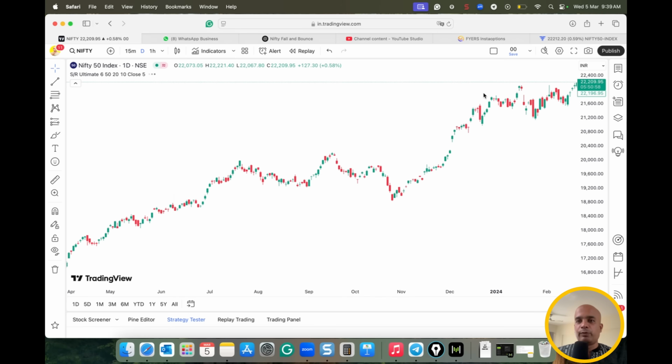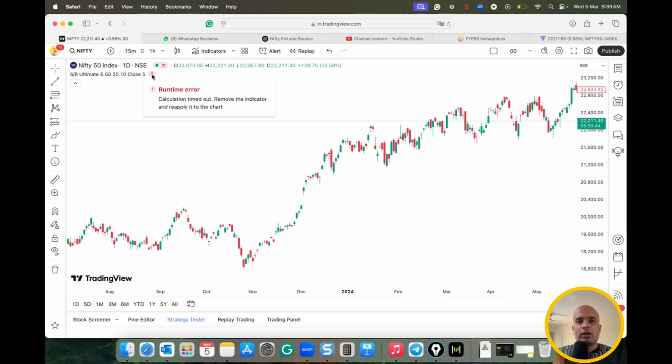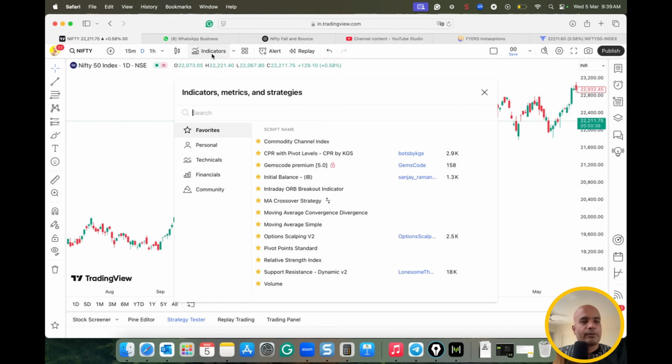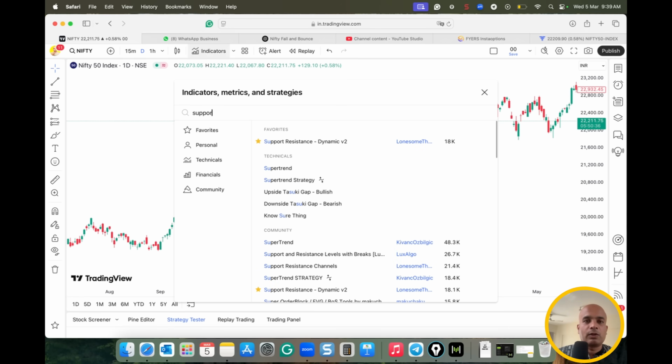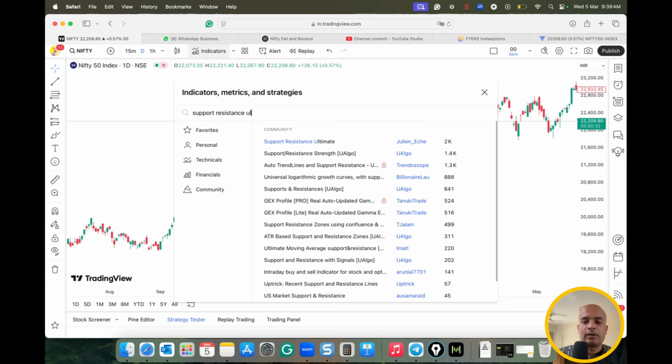If you select this indicator, it will take a little time to upload. Come on. It's showing some warnings in the runtime error. Okay, I will remove this and reapply.